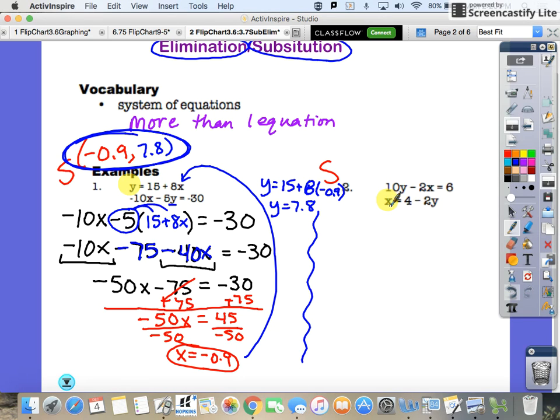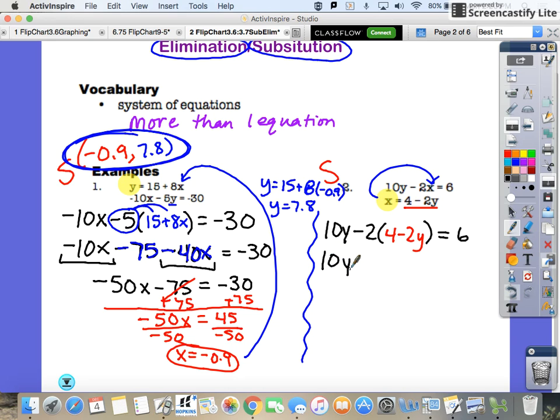So here again we have x isolated, so we're going to take and put this into the first equation. So we're going to have 10y minus 2 times x, which is 4 minus 2y, equals 6.